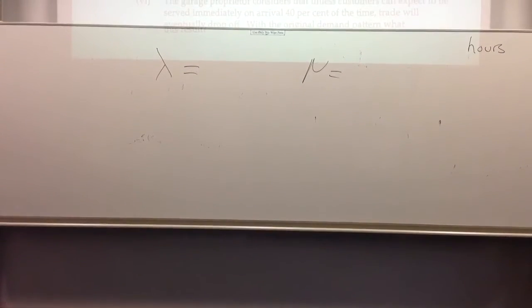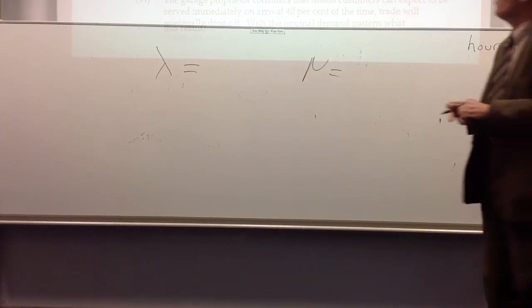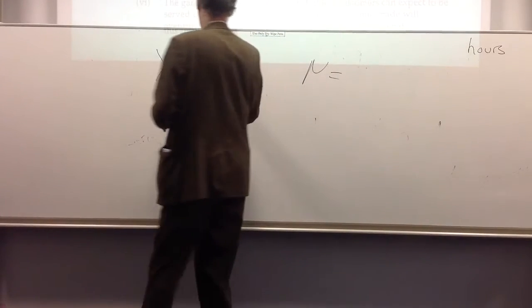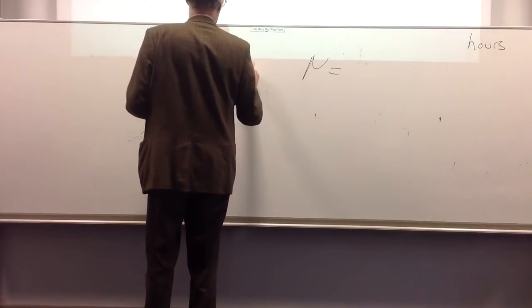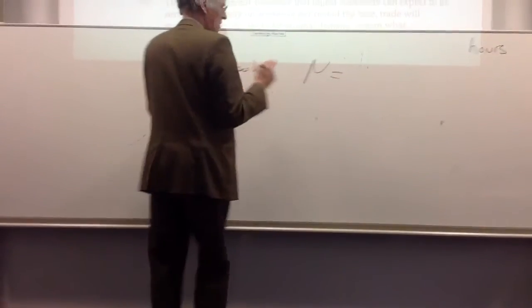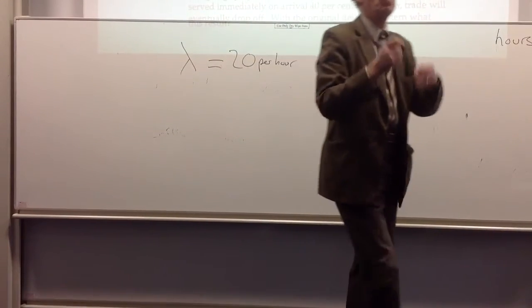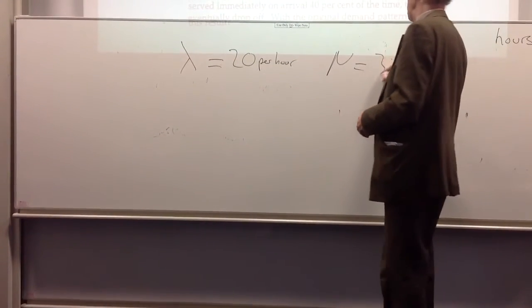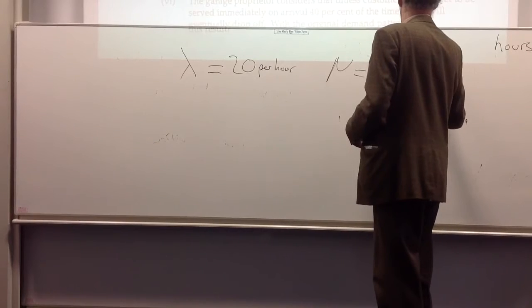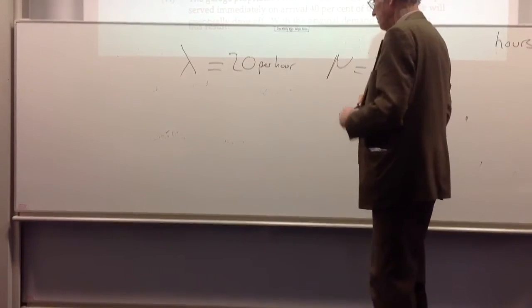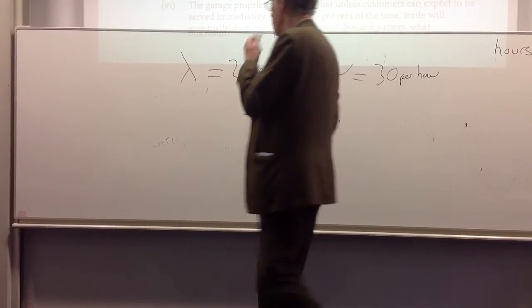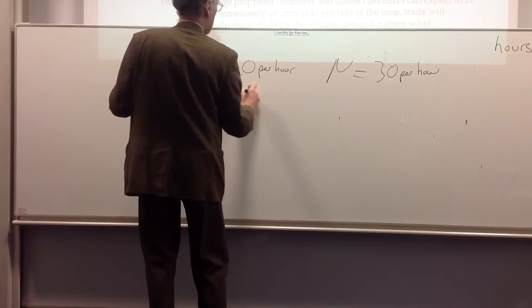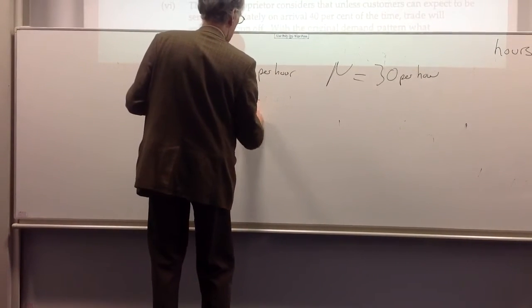Yeah, 1 every 3 minutes on average, in other words 20 per hour is the arrival rate. It's 20 per hour. And obviously the service rate we were given as a number per hour, so that's 30 per hour.